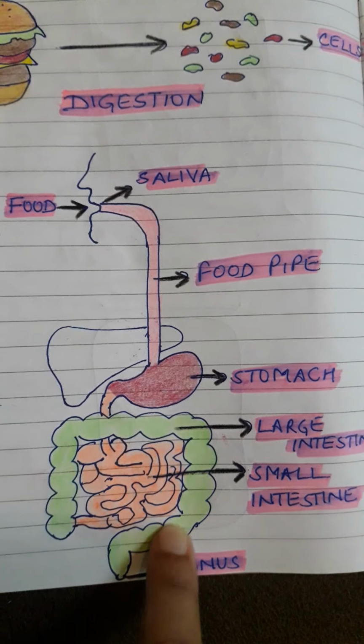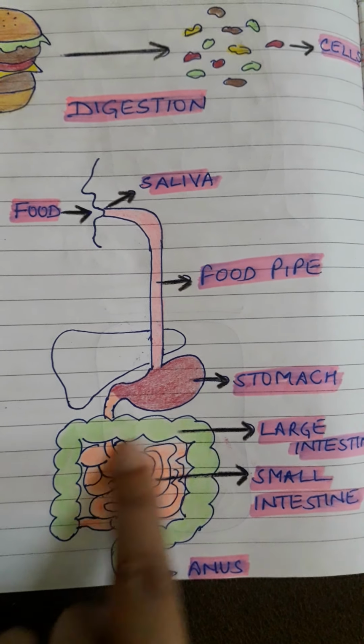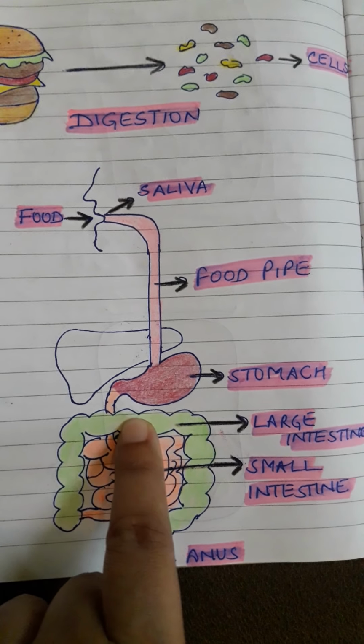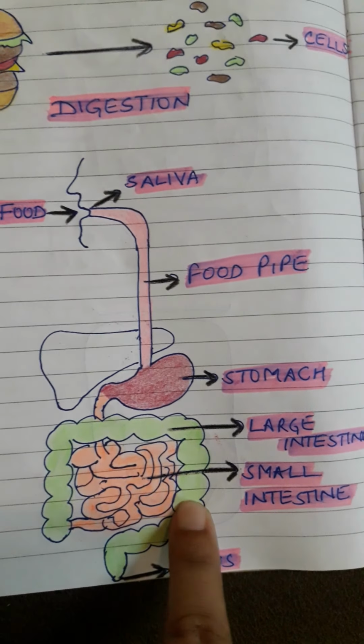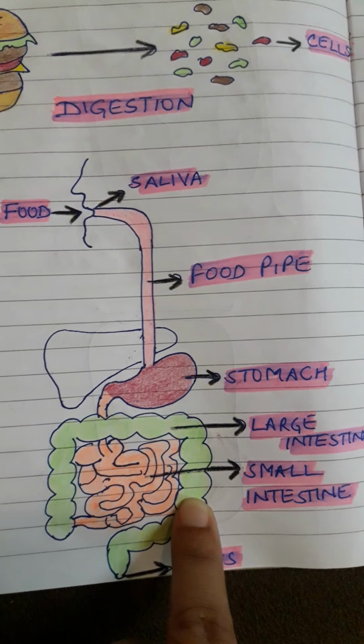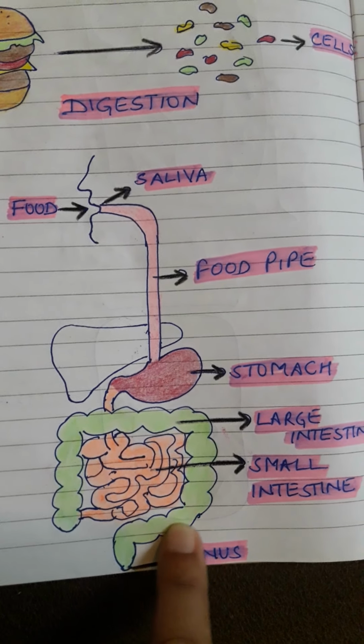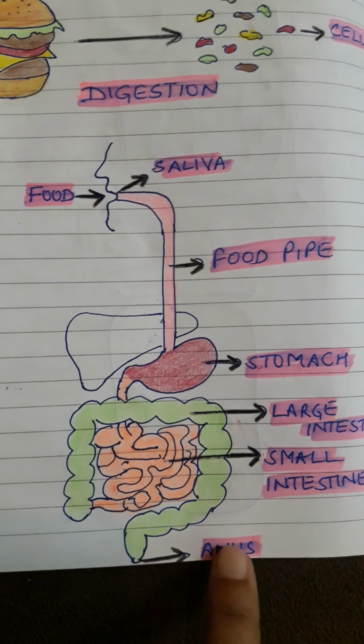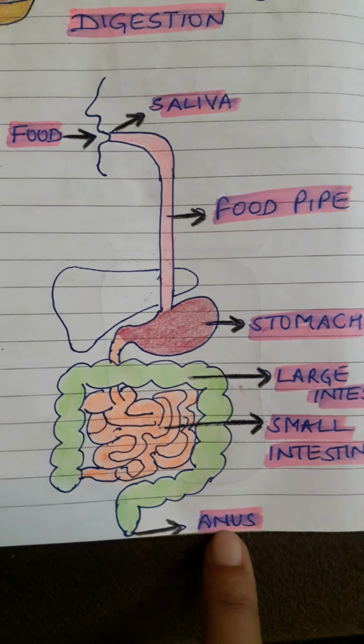Now after the large intestine, all the digested food is absorbed by the body cells. It is taken by the body, and the leftover waste material which our body is not able to absorb comes down and is thrown out of the body through the anus. Right?